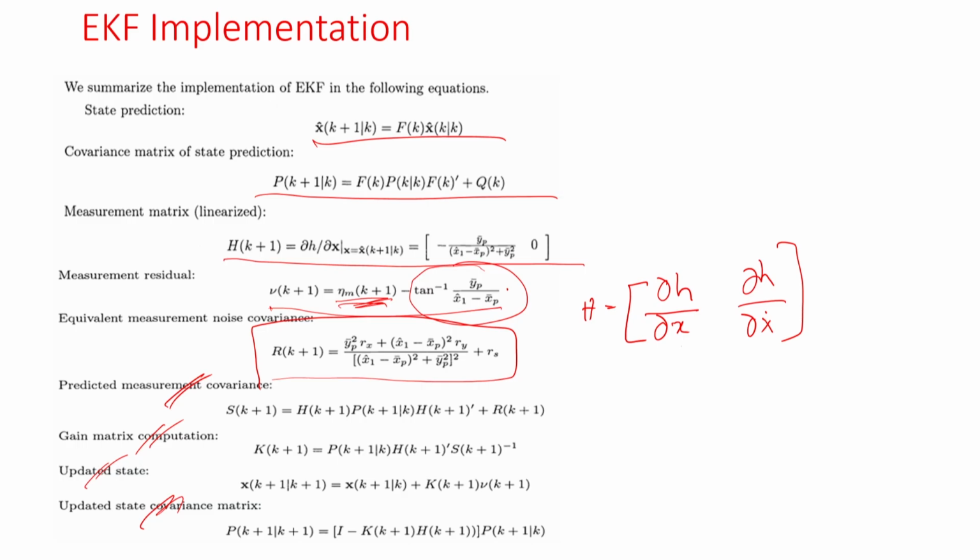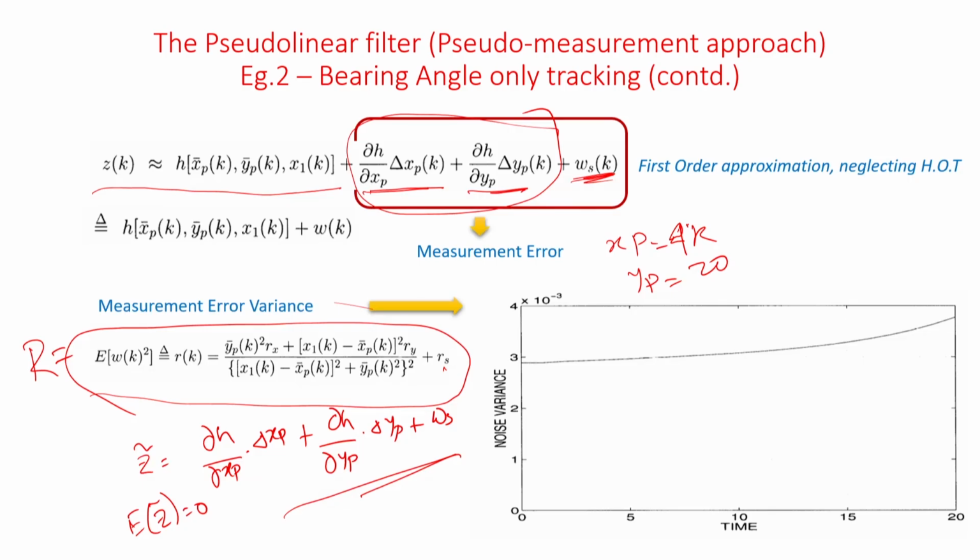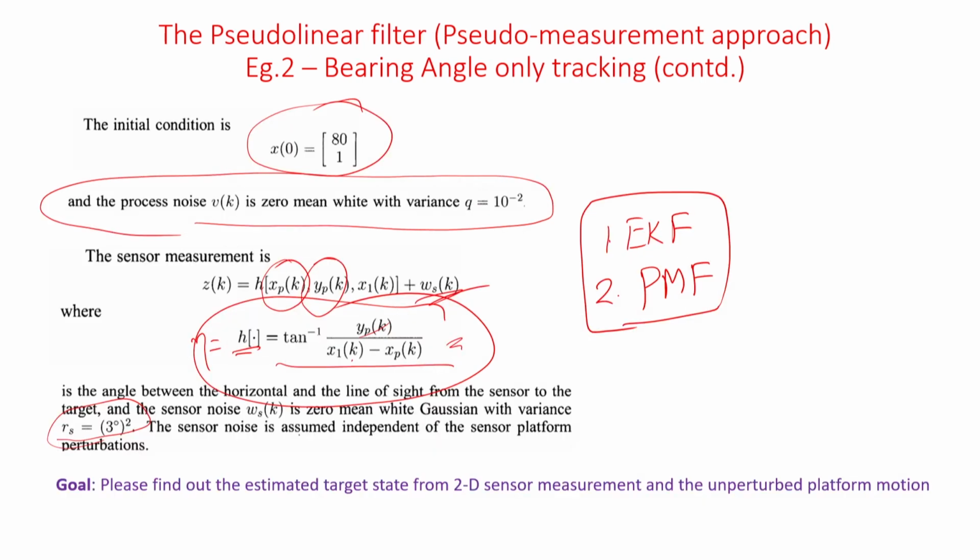There is too much nonlinearity in this problem, because first of all the system is not fully observable. If it were range and angle, it would be fully observable. But here it is actually a 1D measurement. You have only yp, but x1 at least you can estimate, though the degree of observability is a little lesser.